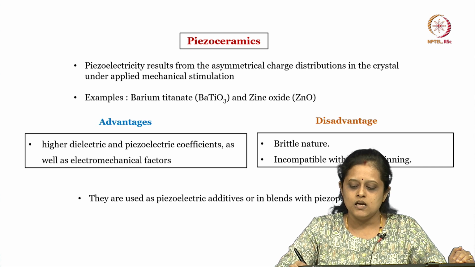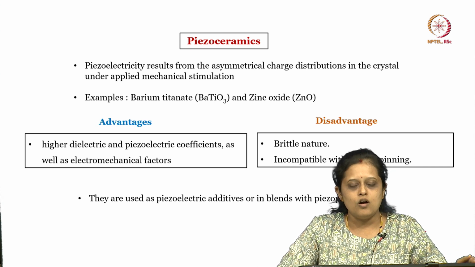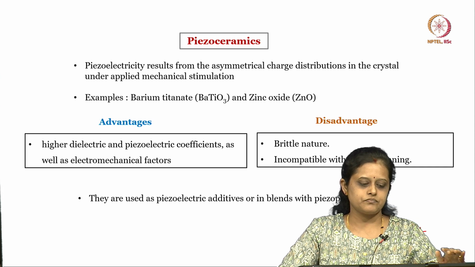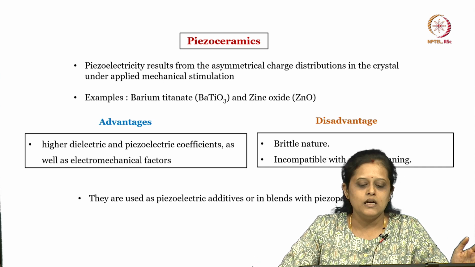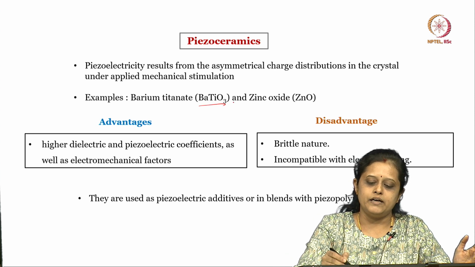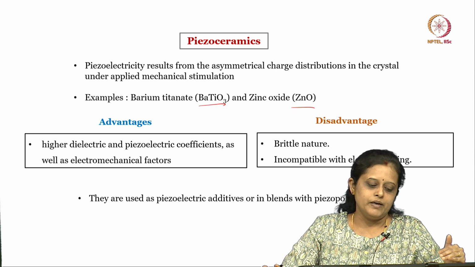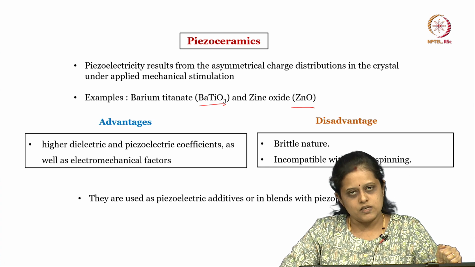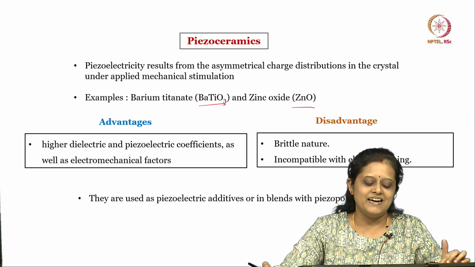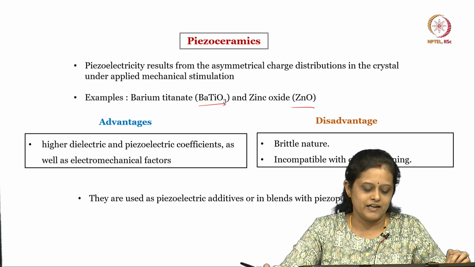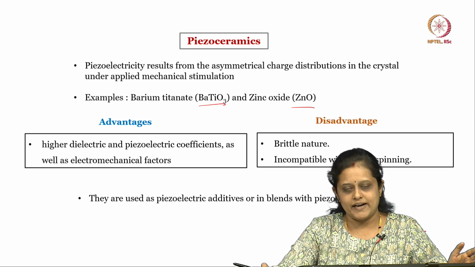When this polarization takes place, there will be a generation of piezoelectricity. Examples for piezoceramics, as we have already seen, are barium titanate, zinc oxide, gallium nitride, anything it could be. And coming to the advantages of these piezoceramics, these piezoceramic materials have higher dielectric and piezoelectric coefficients as well as electromechanical factors.